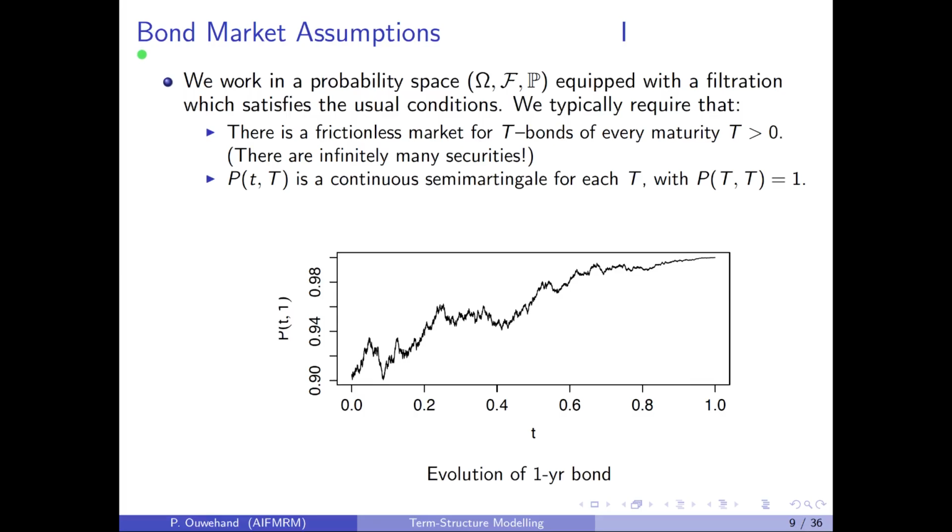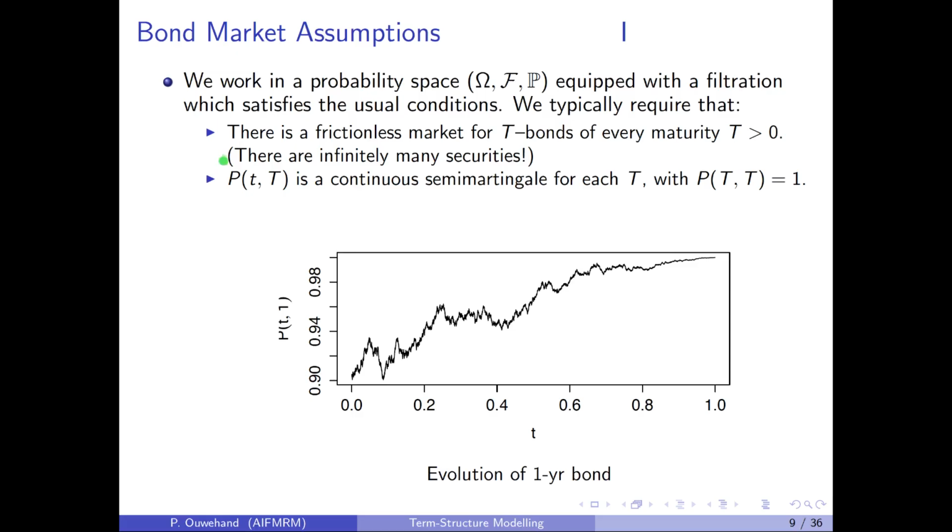Let's now make explicit several assumptions about the bond market that we make throughout. We will work in a probability space, Omega, F, P, equipped with a filtration that satisfies the usual conditions, and we will typically require that there is a frictionless market for T-bonds for every maturity T strictly greater than 0.